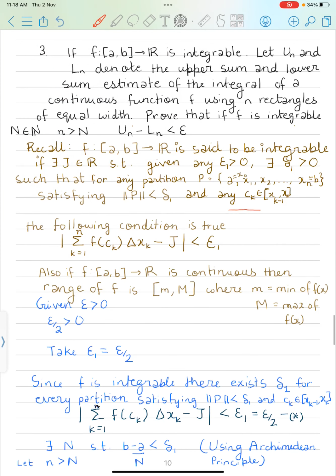So let's say a and b are these points, and suppose for, say, epsilon equal to 0.5, according to this definition there exists a delta. Let's say for this epsilon we get a delta of 0.01.